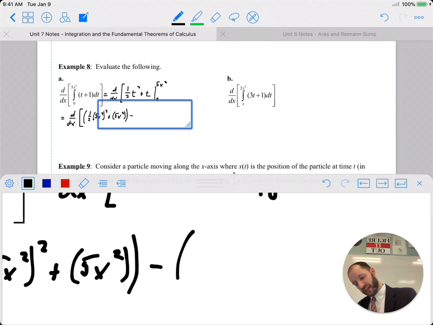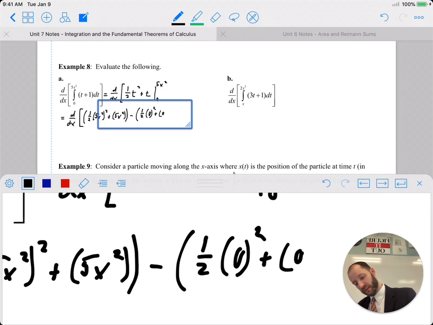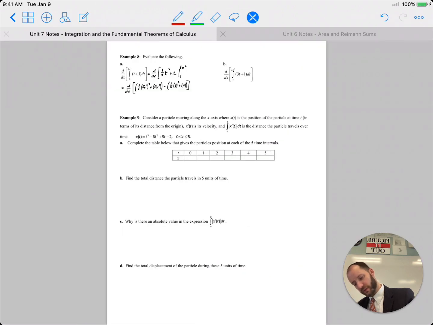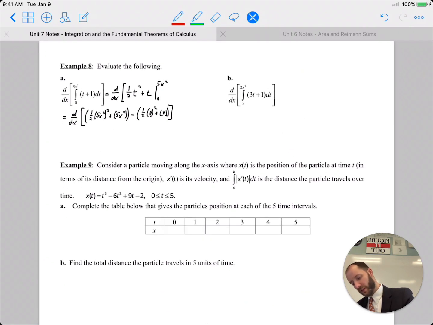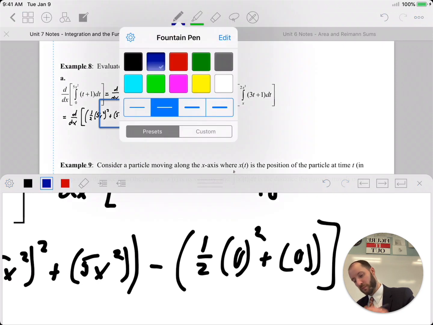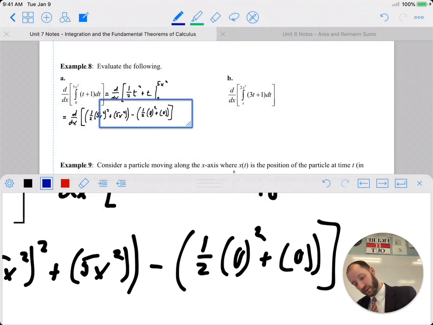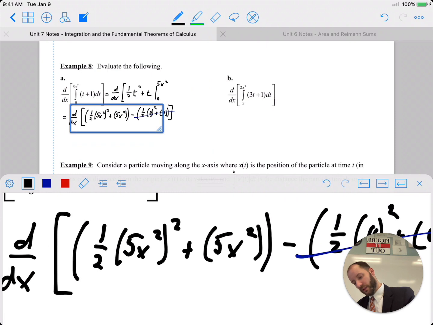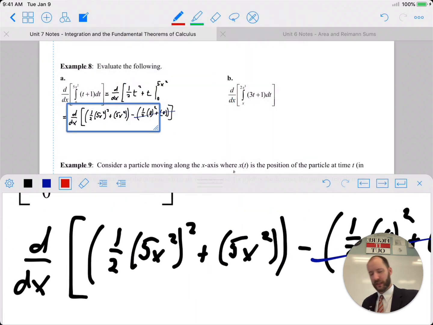So now replace the t's with 0. So 1/2 0 squared plus 0. Well, of course, being OCD, what color did I use? I used blue, okay. Does it matter? Really? No. But in this moment, I think it matters, yes. So the blues cancel out. Going to do a little work in the margins here.